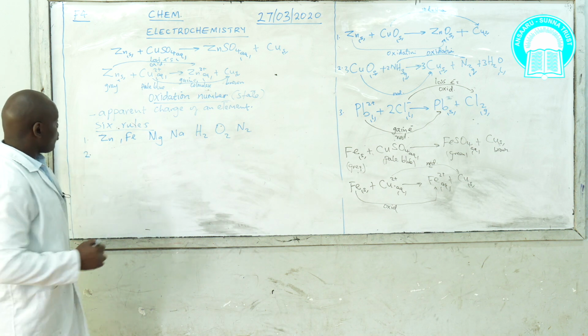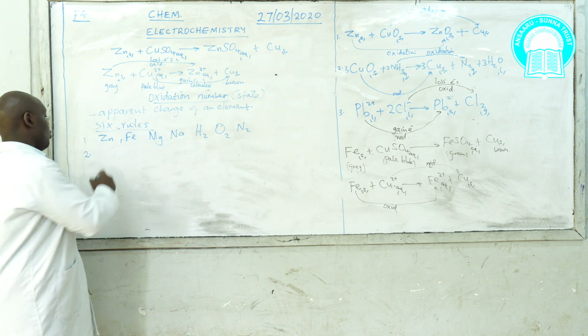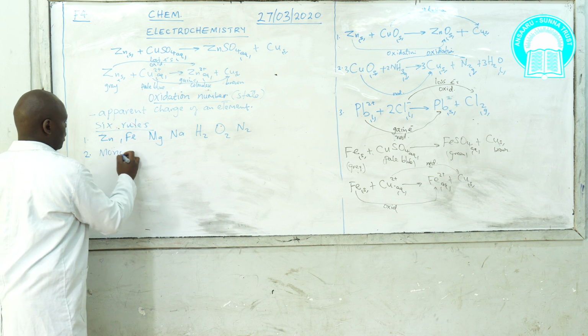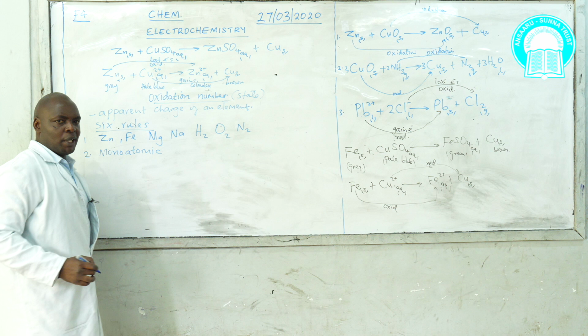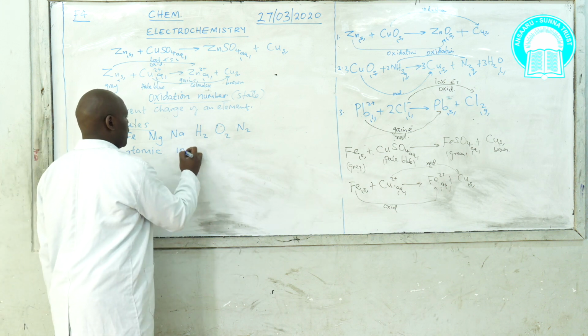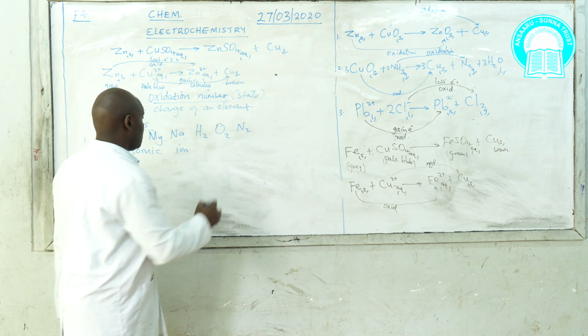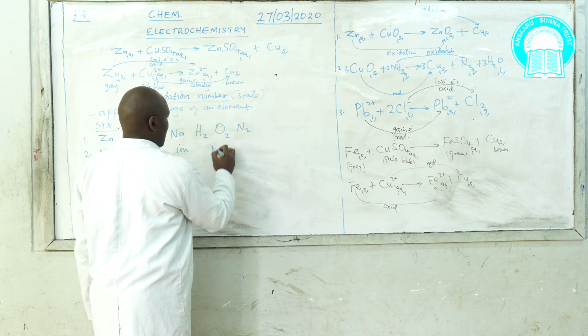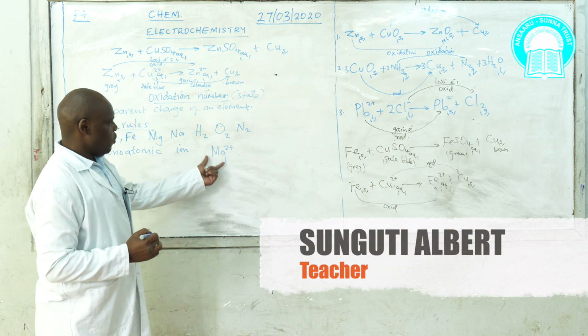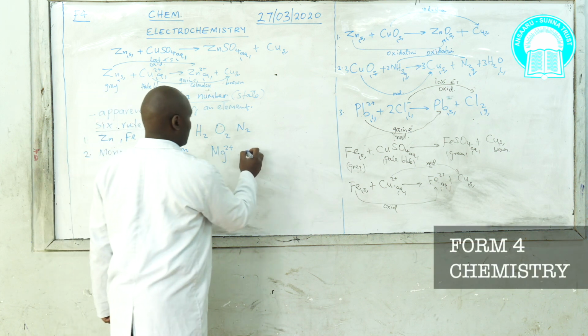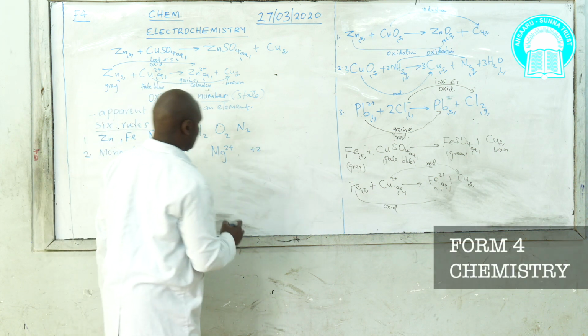Number 2, the oxidation number of a monoatomic ion, that is an ion of one atom of an element, is equal to the charge on that ion. So if I have a magnesium ion, it will have an oxidation number of positive 2.